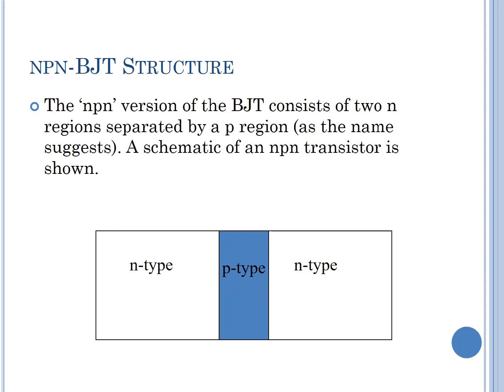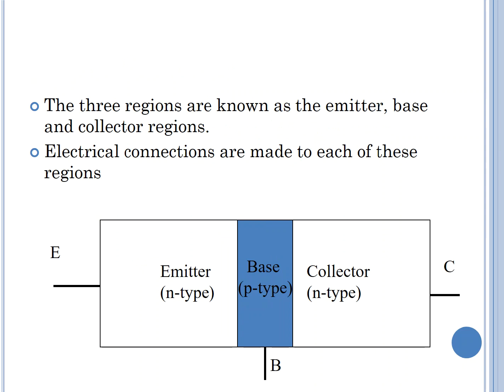In an NPN transistor, one P layer is sandwiched between two N layers, and in a PNP transistor, one N layer is sandwiched between two P layers. The three regions shown in this diagram are known as emitter, base and collector, and electrical connections are made to each of these terminals.